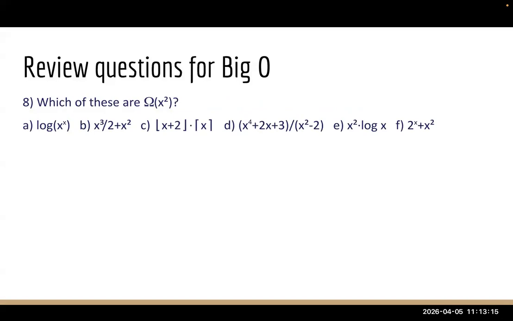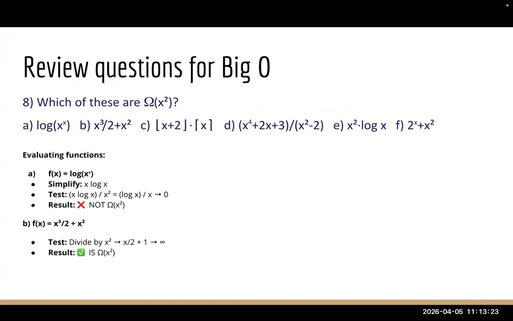Now, let's move towards omega. So, which of these is omega of x squared? Let's see these worked out. The evaluating functions: f(x) equals log x to the power x. That's our part A. We can simplify this as x log x.